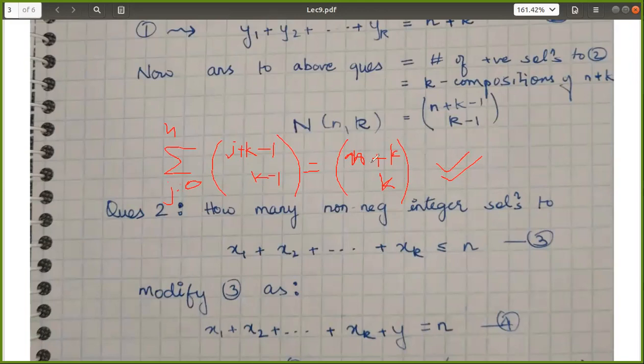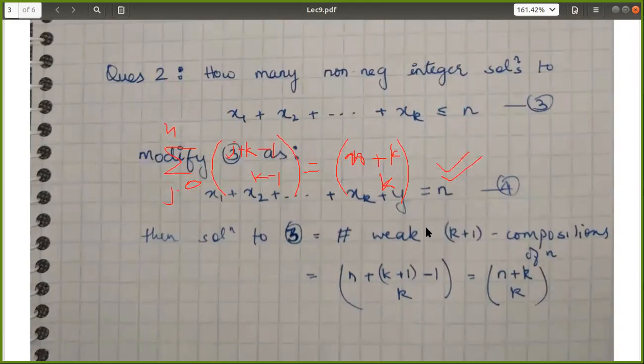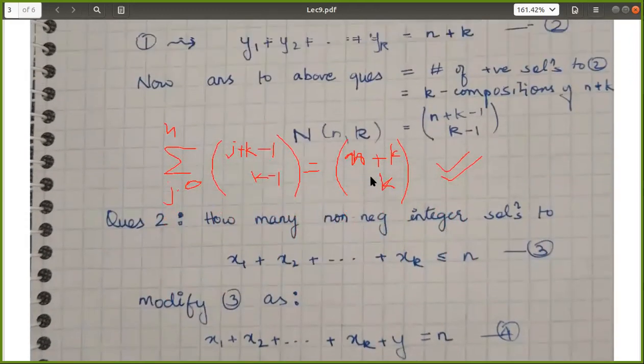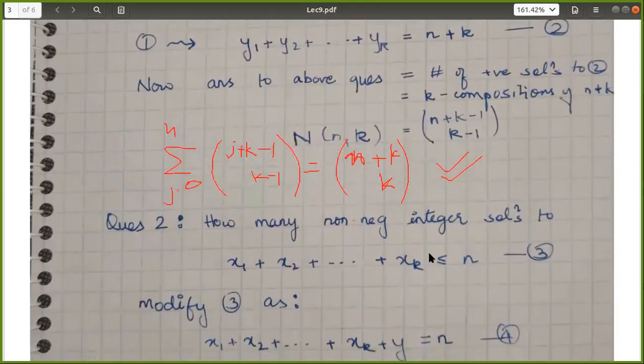I showed that this is the same as the answer for this particular equation, this particular question, and also this can be achieved from this as this. So in some sense, I counted this particular number in two different ways. And thus, this identity has been settled.